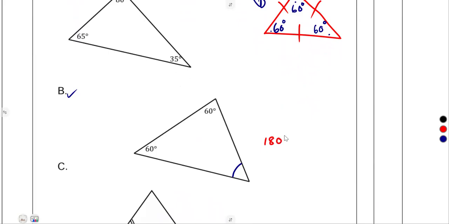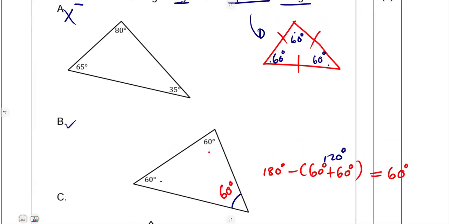So 60 plus 60 is going to be 120. Then 180 minus 120, which is what? 60 degrees. As we can see, the remaining angle is 60 degrees.